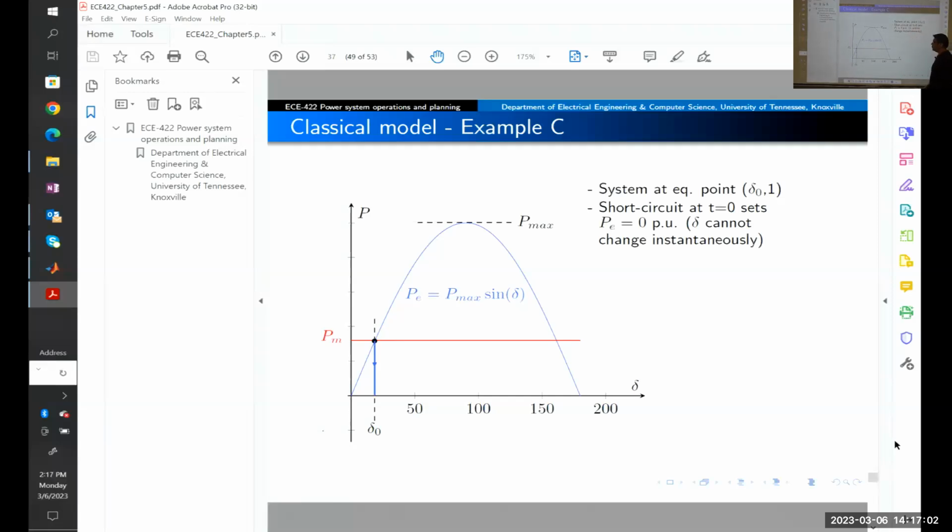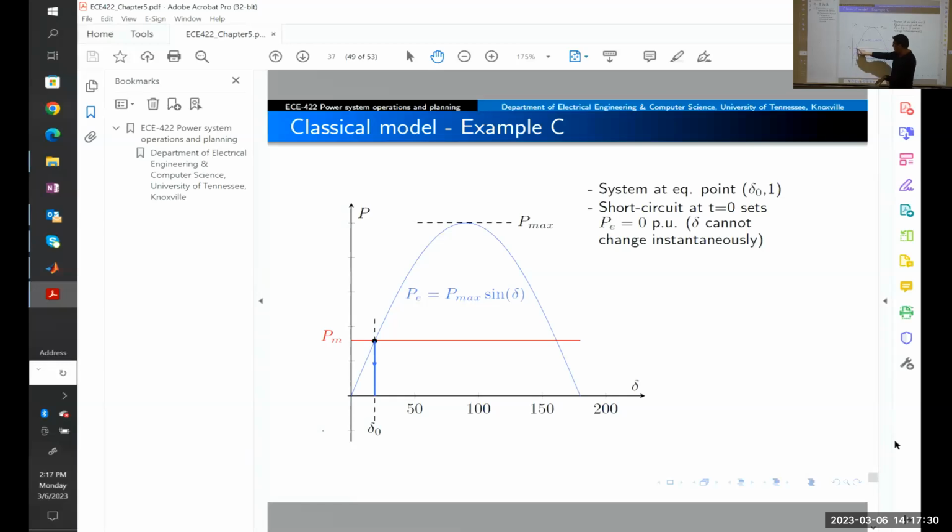What happens during the short circuit is that the electrical power is immediately sent to 0. Immediately. It's an algebraic variable. But because delta is a state variable that is involved with some energy stored in the machine, this angle cannot change instantaneously, right? So when this happens at time 0, the angle doesn't change.